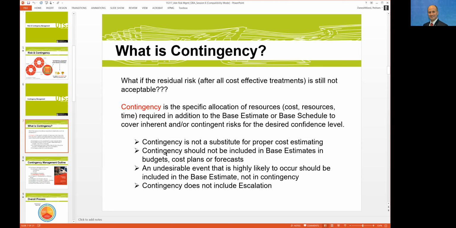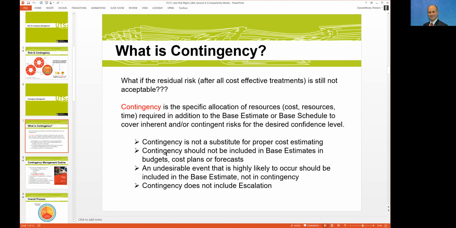I do see a lot of scenarios where, when you look at the numbers and the schedule, you realize that different teams started to put different fat or different allowances or contingencies in different places. By the time they put them together, it comes to the top level, and the top level puts another contingency on top of those contingencies. So you end up having an overestimated cost estimate or schedule, which is not the optimum.